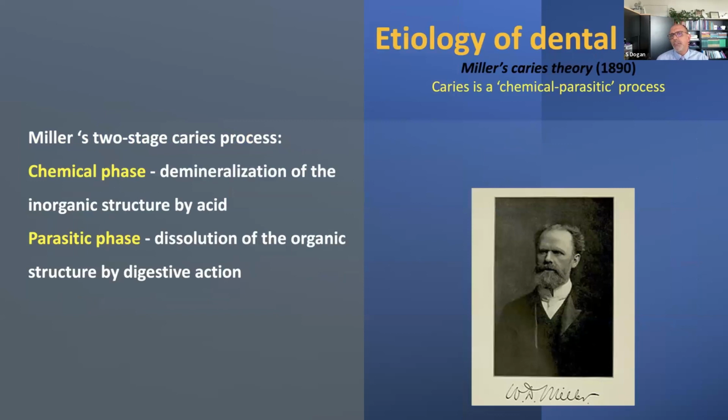Now, when we look at the etiology of caries, or cavities, we already identified it 150 years ago. Dr. Miller said it has two stages. He told us about a chemical phase, the demineralization of the inorganic structure by acid, and also a parasitic phase. We didn't know about bacteria in those times because we didn't have the gadgets and tools, and it's the dissolution of the organic structure by digestive action.